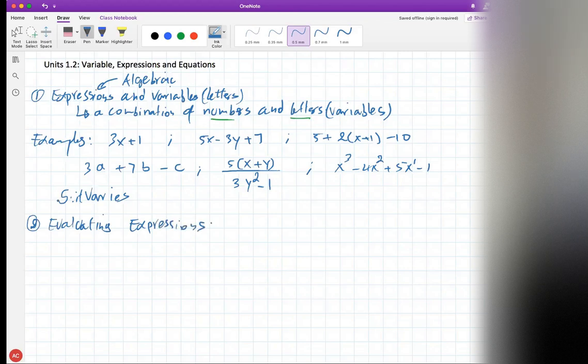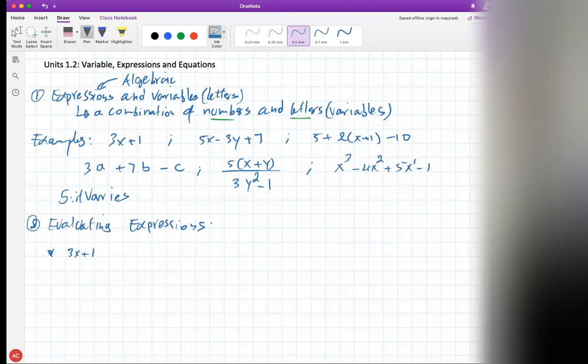Okay, like I said, in the example of a social security number, we can call it X, we can call it S, maybe more meaningful, S for social, it changes. Or, for example, this expression, 3x plus 1.